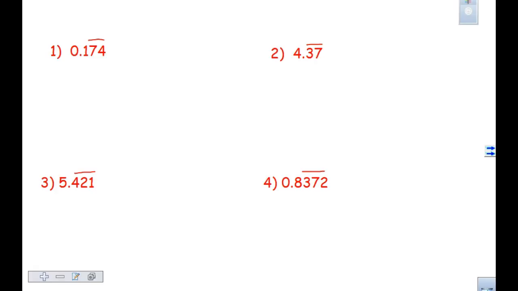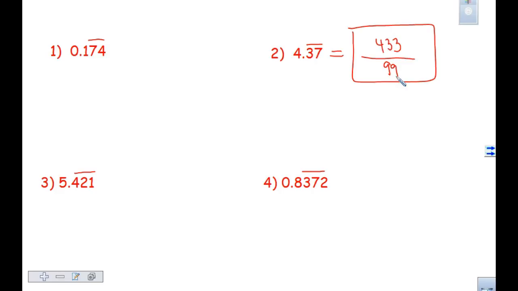Number two is 4.37 repeating. Stephen, what did you get? I got 433 over 99. Okay. I agree.